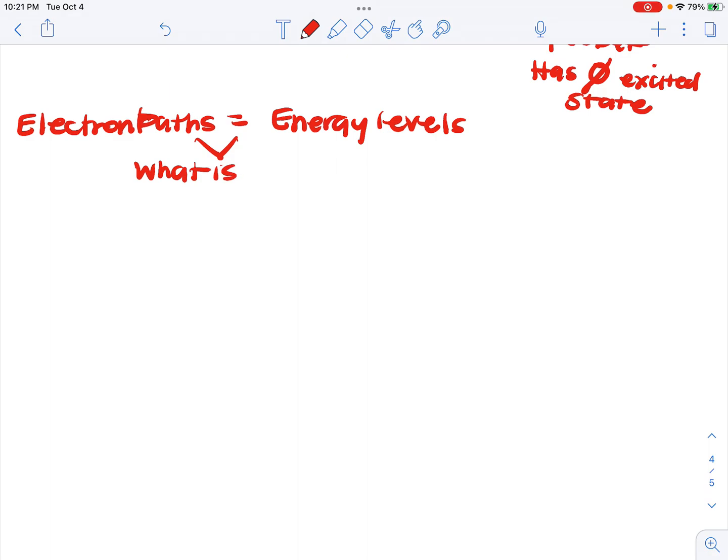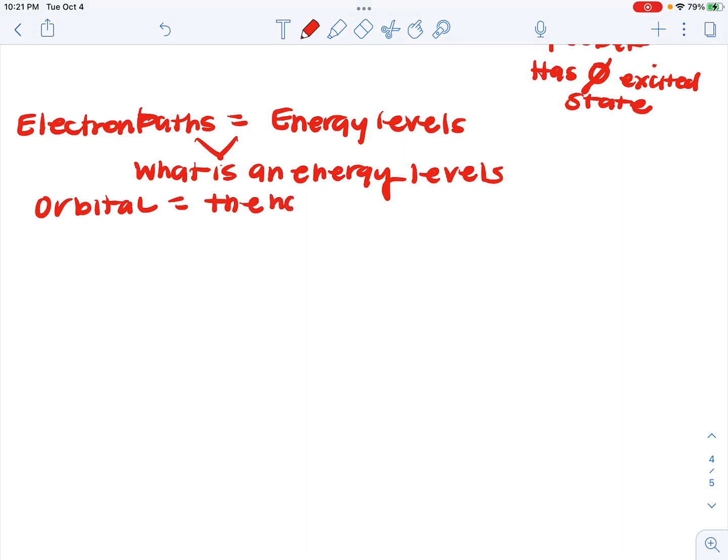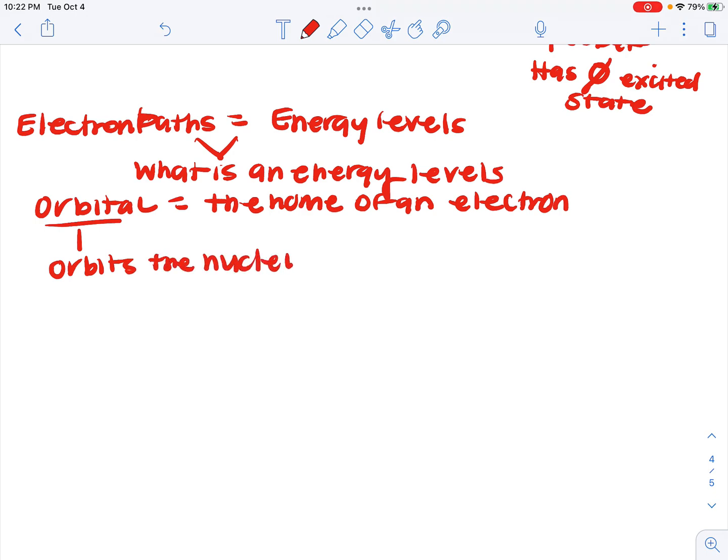Like what is an energy level? And it has to do with something called an orbital. And an orbital is like the home of an electron. Orbitals orbit the nucleus. In an orbital, something orbits the nucleus.